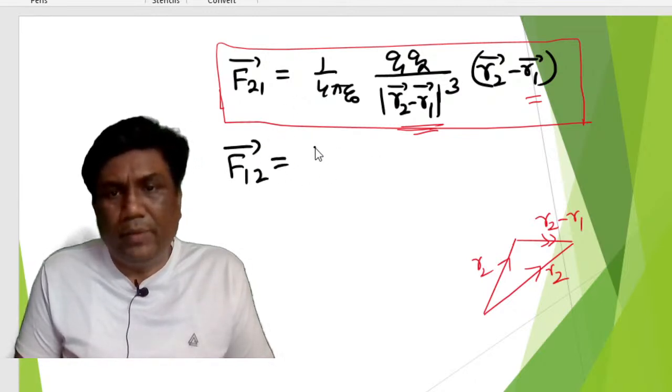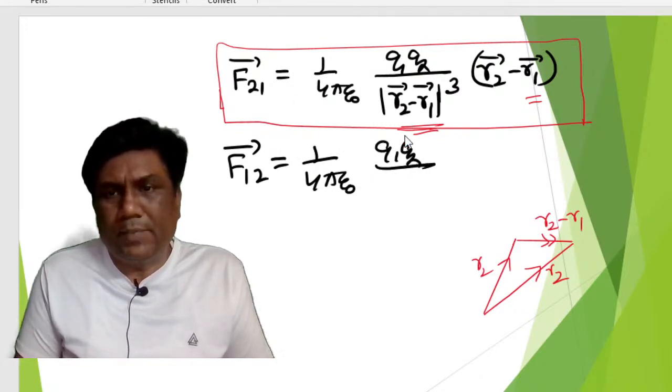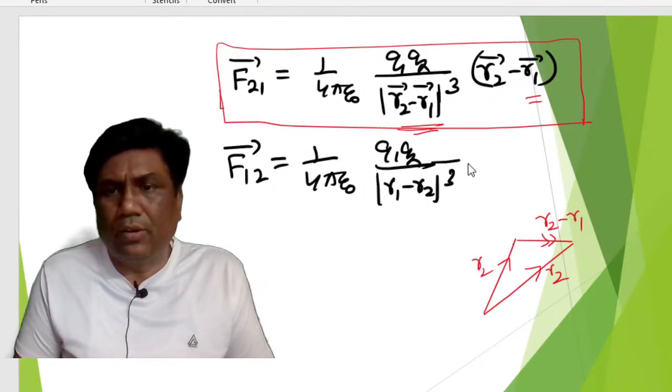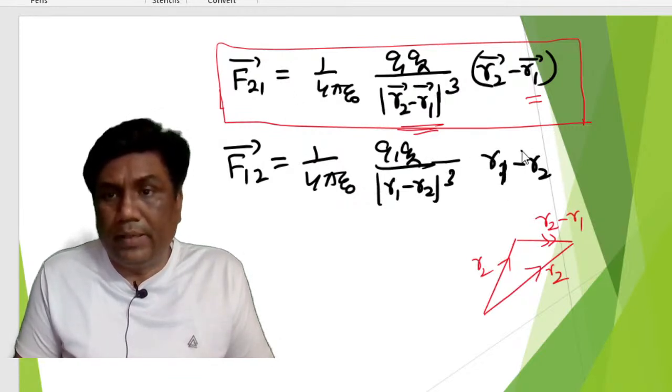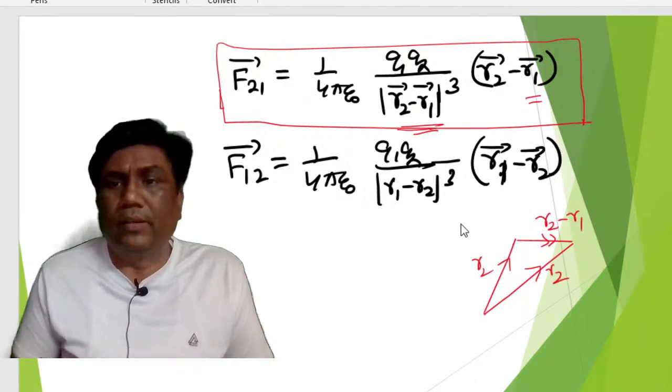everything will remain the same. Q1, Q2, and this magnitude part, if you want you can change, or if you don't want then also no problem, because it is magnitude only. But remember this vector part definitely should be changed: R1 minus R2. R1 minus R2 is the negative of R2 minus R1.